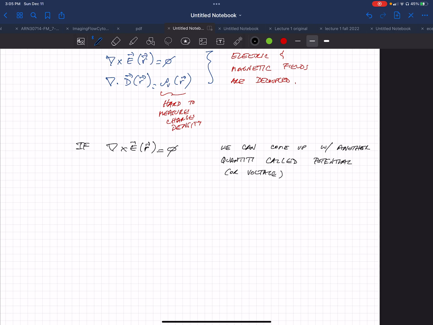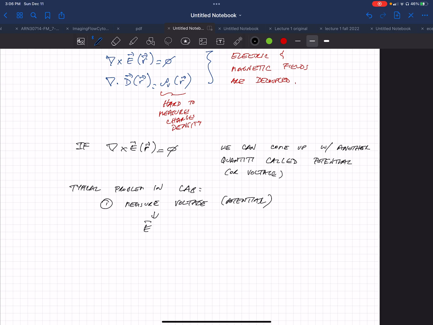So in fact, this voltage, this potential, is what we typically use as a starting point in the lab, because we have easy ways of measuring the voltage, the potential, on a node. So in a typical problem in lab, you measure voltage, potential.